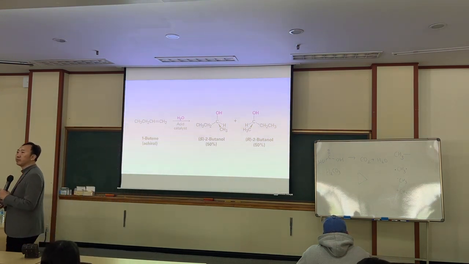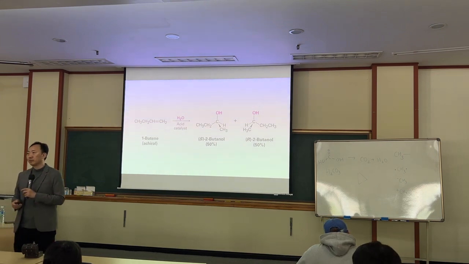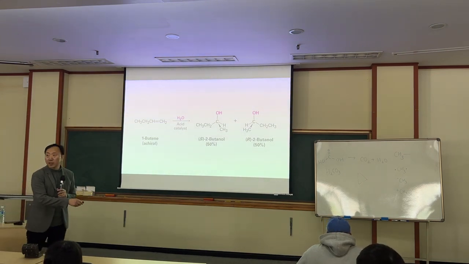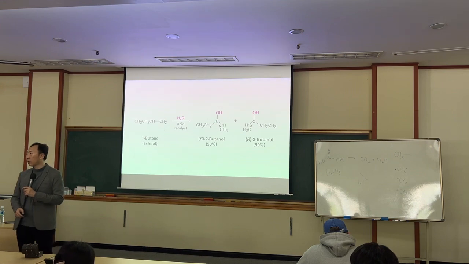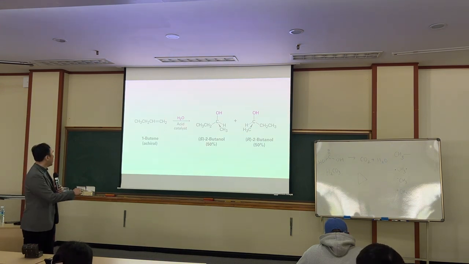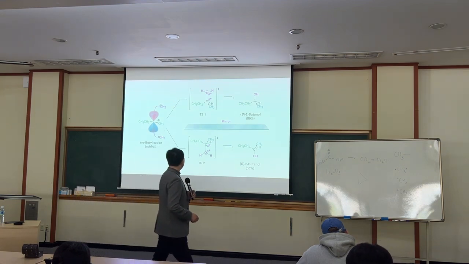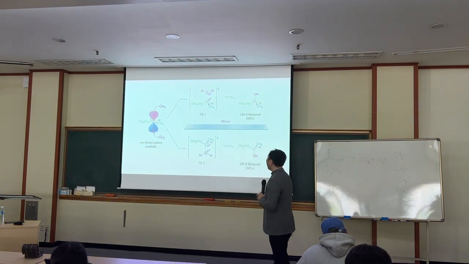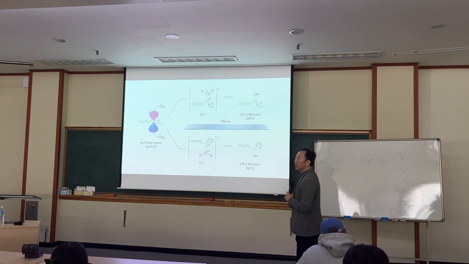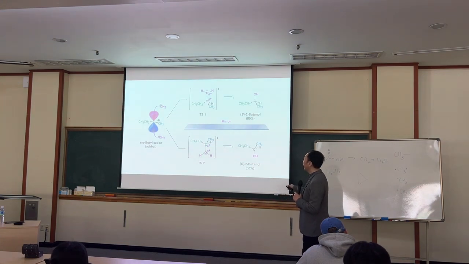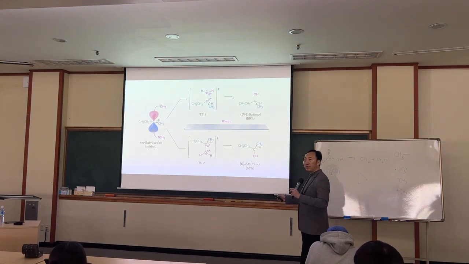Oxymercuration, you will get a similar result like this. Okay? That's Markovnikov, the reaction condition will attack these positions. So the explanation is that the intermediate is a carbocation intermediate and fully planar, and the attack side is from top or from bottom. It should be 50-50.